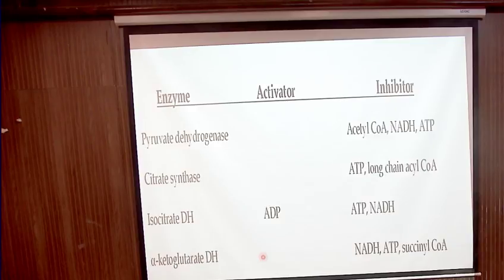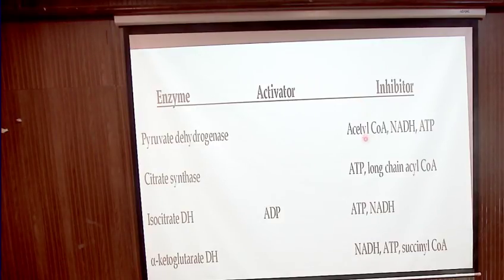This is a further explanation, where we are talking of which are the activators and which can be the inhibitors. When we're talking of inhibitors, we mean that if there is enough production, we can inhibit the pathway. For example, if there is more acetyl-CoA, it in turn can inhibit the pathway, because we have already produced enough acetyl-CoA to enter the TCA cycle and produce energy.